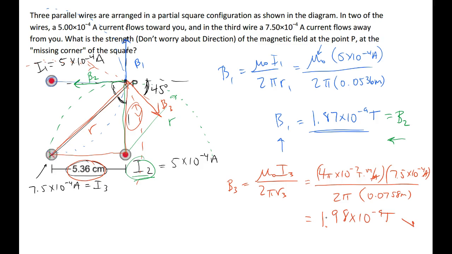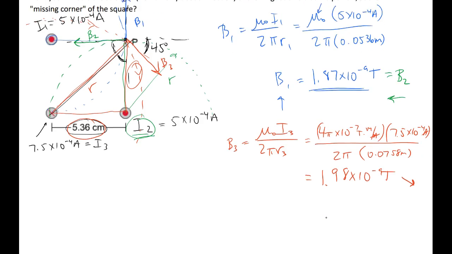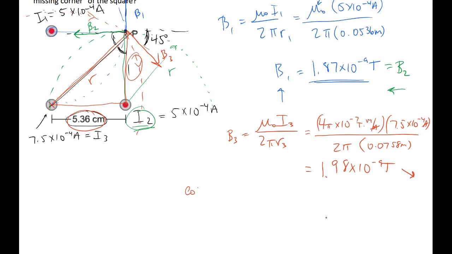Now that points at an angle. It just so happens that that angle is 45 degrees. The cool thing about 45 degrees is cosine of 45 equals sine of 45. So B3 in the x direction would be B3 cosine of 45 degrees, and that also equals B3y, which equals B3 sine of 45 degrees.